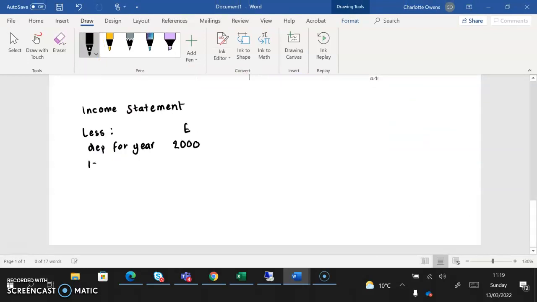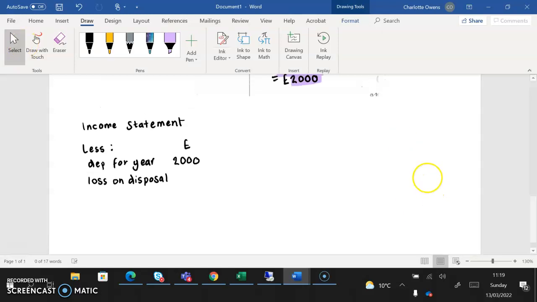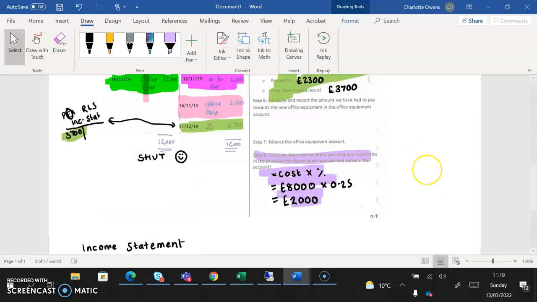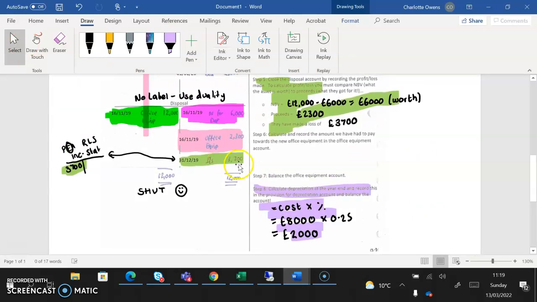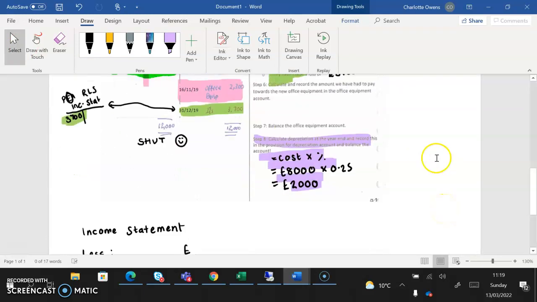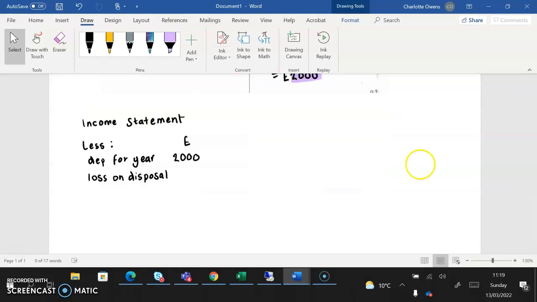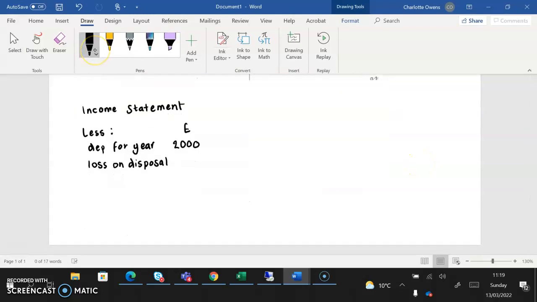And in my disposal account, I've also recognised there's a loss on the disposal. So anywhere where I've written income statement, I'm going to record that on my income statement. Really simple. So income statement, 3,700. We can see we planned it was going to be the expense because they've sold it for less than it's worth, or part exchanged it, I should say.